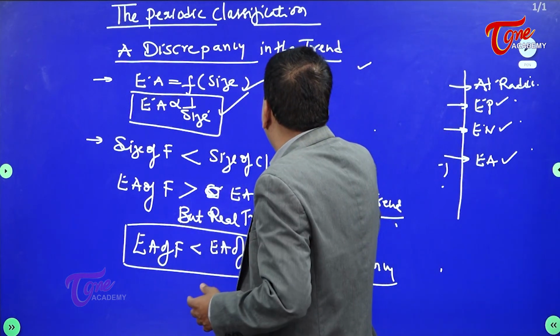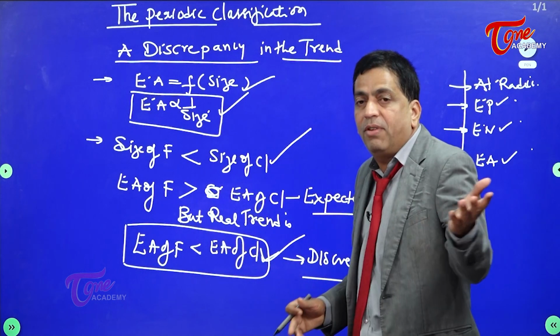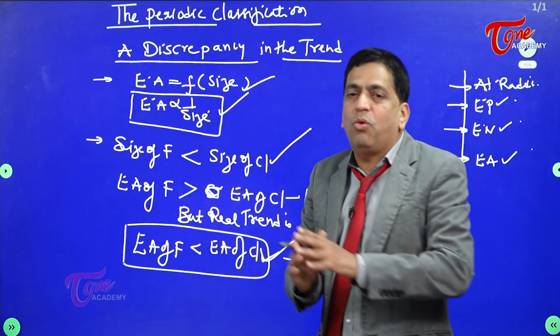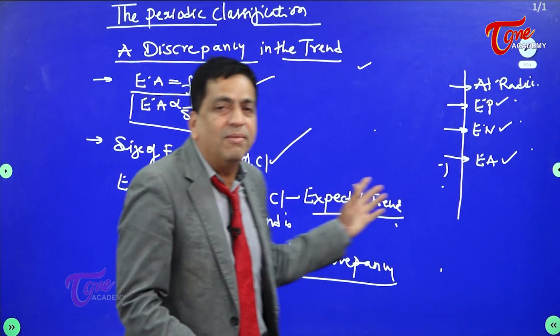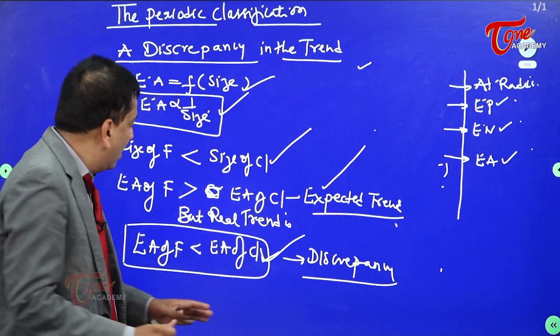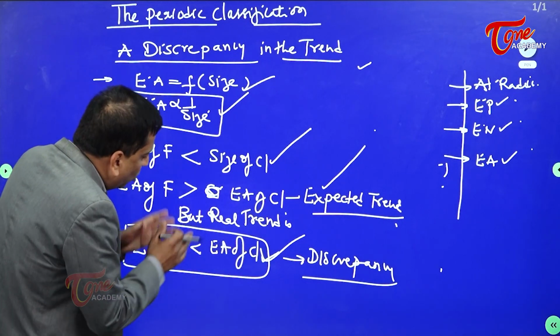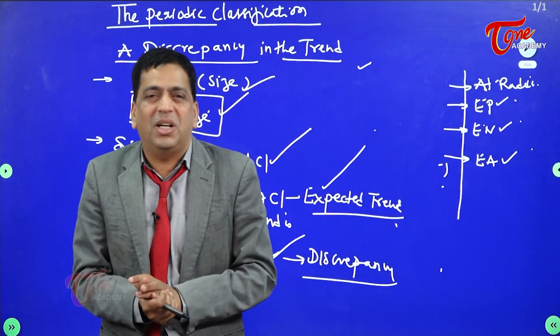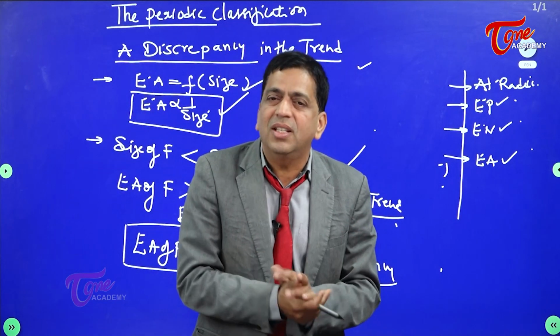This is the size. Electron affinity of fluorine must be greater than the electron affinity of chlorine, because it's an inverse relation. That is the expected trend. But the actual trend is that the electron affinity of fluorine is lesser than that of chlorine. And people must be asking questions, and you must be reasoning with me.